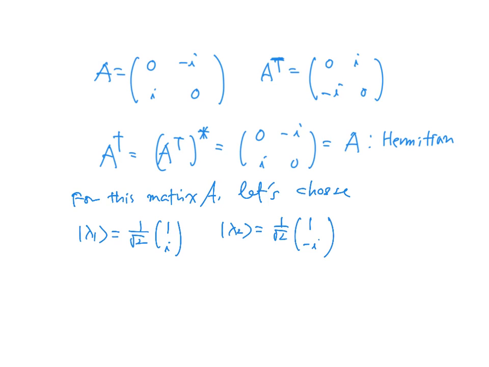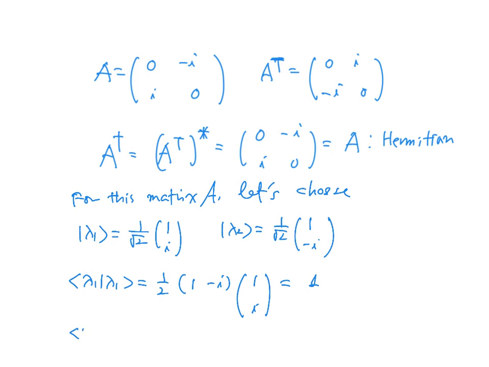For lambda 1, one half, when you make a bra vector from a ket vector, you take the transpose and complex conjugate. So it becomes (1, minus i) times (1, i). So i times minus i is 1, so this is 1.